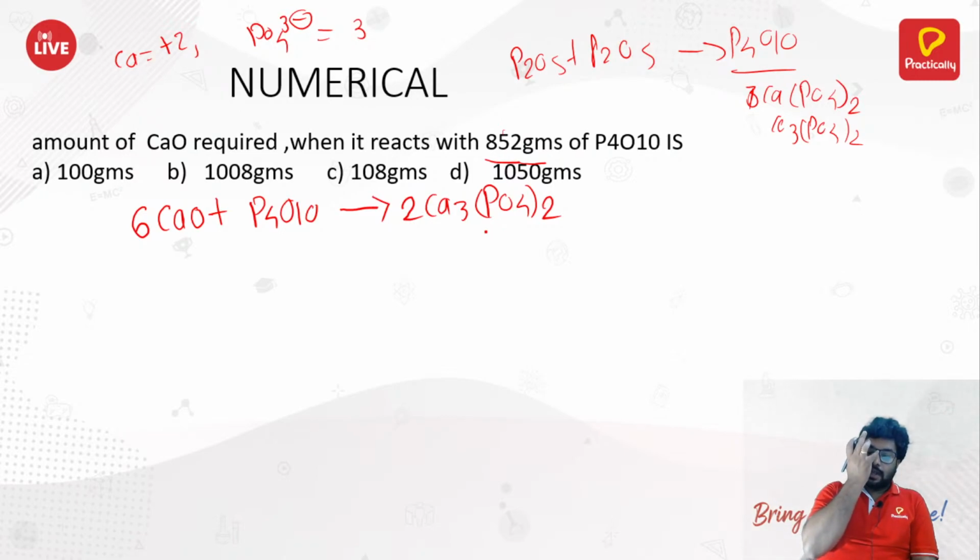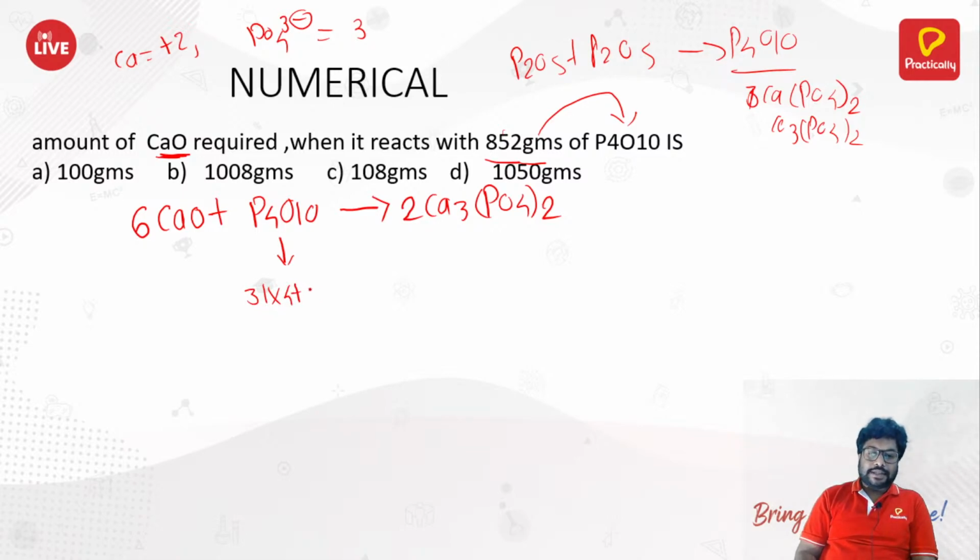Now let's find out, what they're saying is that if we are taking 852 grams of phosphorus pentoxide, how many grams of calcium oxide is required? So let's find out the molecular mass of P4O10. Now the atomic mass of phosphorus is 31. So 31 into 4. Oxygen atomic mass we already know.